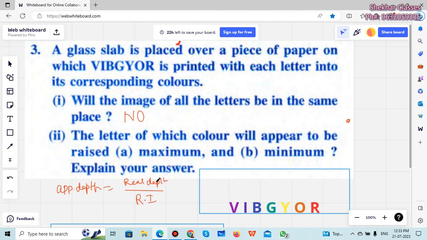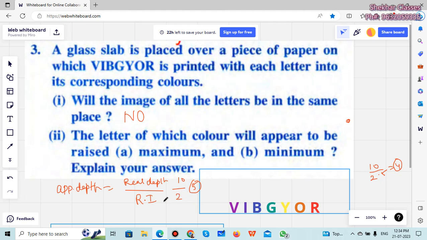So if real depth is 10 and refractive index is 2, then what is the apparent depth? 10 upon 2, 5. Got it? Now if the refractive index is say 2.5, then 10 divided by 2.5 will give you 4. So has the apparent depth reduced?